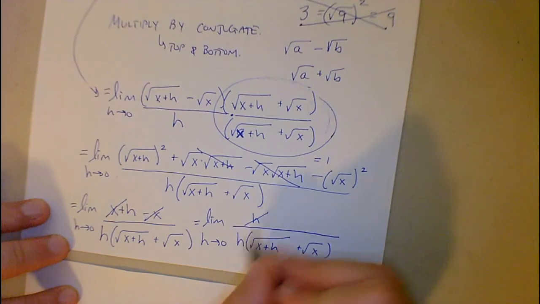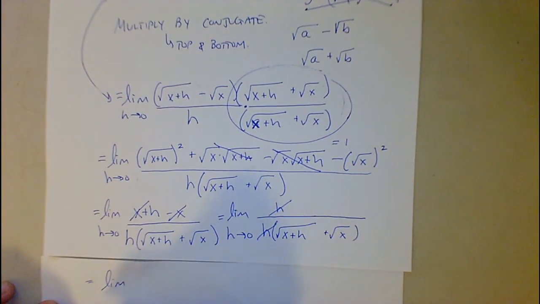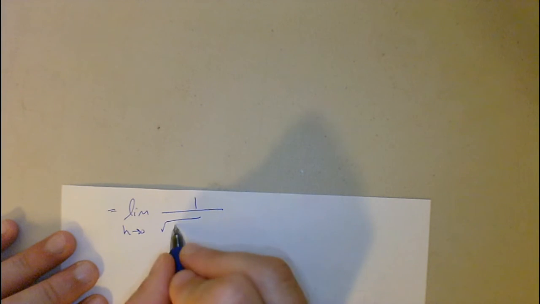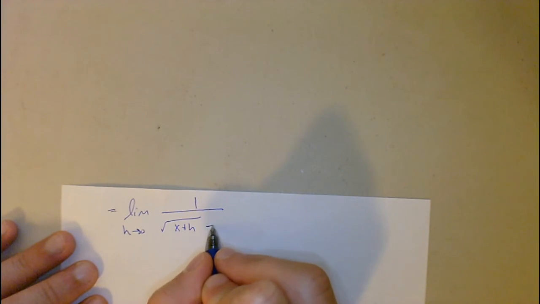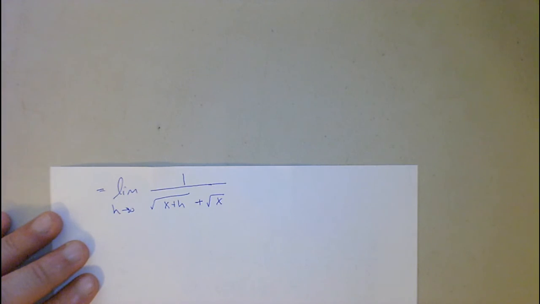And so we are more than welcome to cancel the h from the top and bottom, and we get the limit as h approaches 0 of 1 over the square root of x plus h plus the square root of x on the bottom. Can I plug in h equals 0 now? Yes, I can.